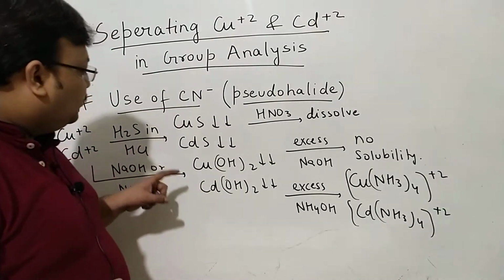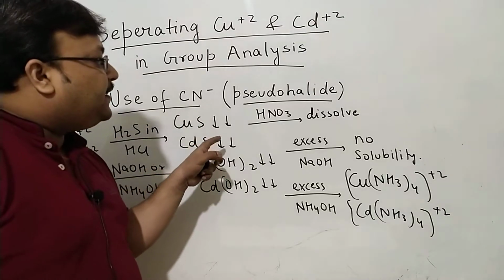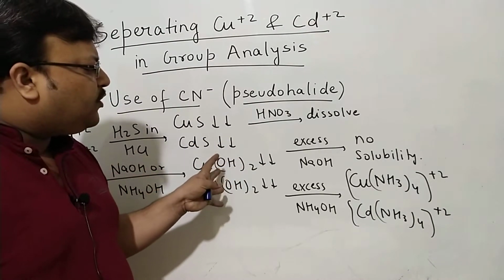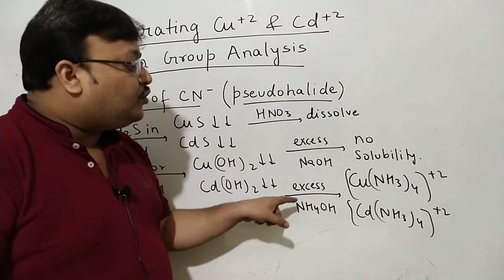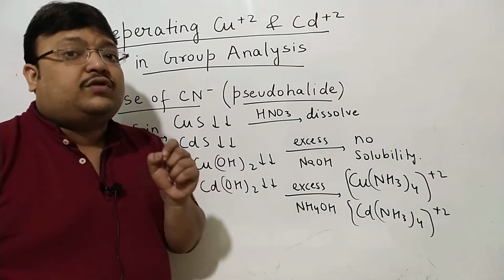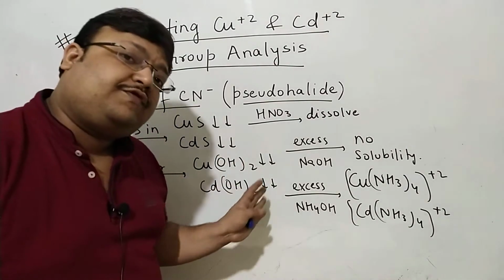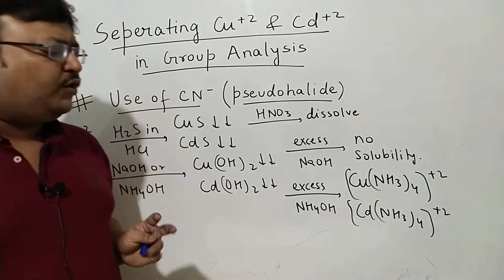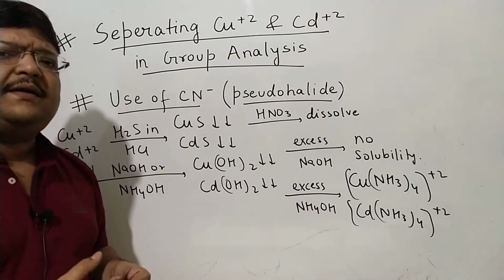But as I told you, they precipitate together as sulfide, hydroxide. Both the sulfides dissolve in nitric acid. Both the hydroxides do not dissolve in NaOH because they are not amphoteric. And both dissolve in excess of ammonium hydroxide, because to dissolve in ammonium hydroxide, it needs to form a complex with ammonia. Both form tetrammine complexes with ammonia. So this is the reason we have not been able to separate them individually.